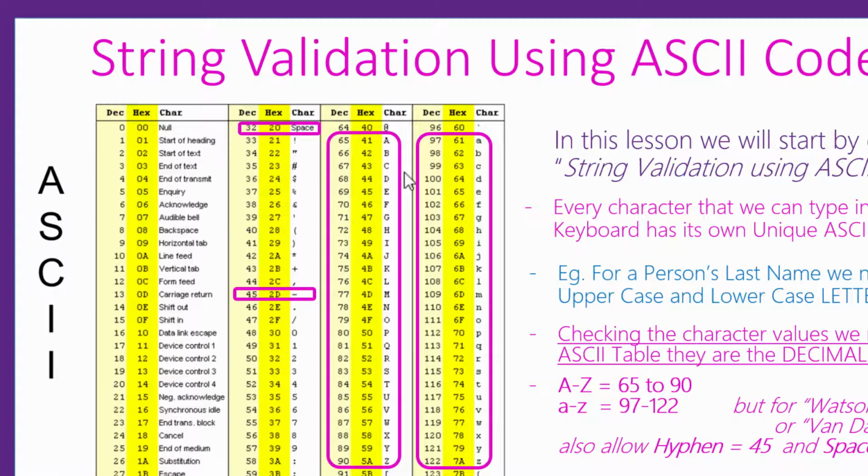You can do it a lot quicker with these ASCII code numbers, because what you can check is if the number is between 65 and 90. When you convert the ASCII code of that particular substring position, that letter, if that number comes out greater than or equal to 65 and less than or equal to 90, well then you know you've got one of these capital letters.